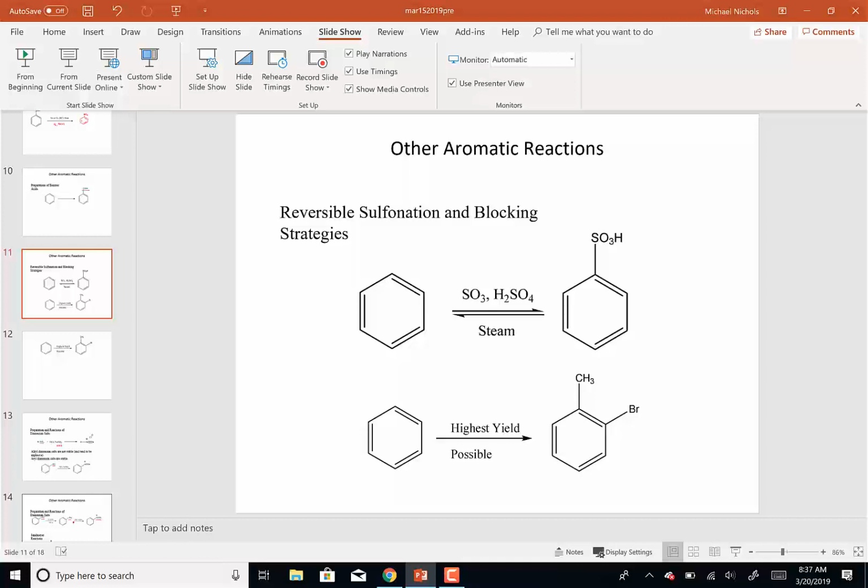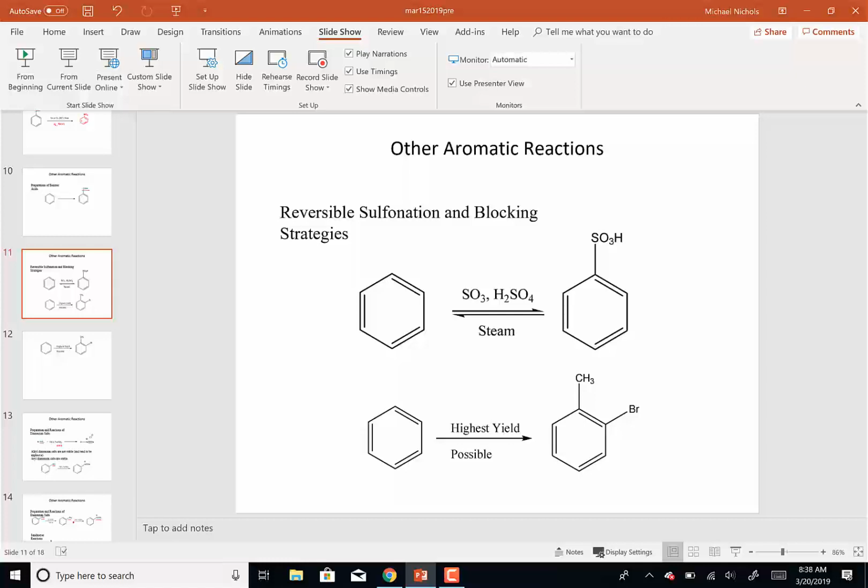And so the one group that we can put on the ring and take back off again is an SO3H group. So we can put an SO3H group on the ring with sulfur trioxide and H2SO4, and we can take it off with steam. So if we take our molecule and we pass steam over it, or we heat it with steam, we can actually get the SO3H group to come back off of the ring. So that's a reversible reaction.